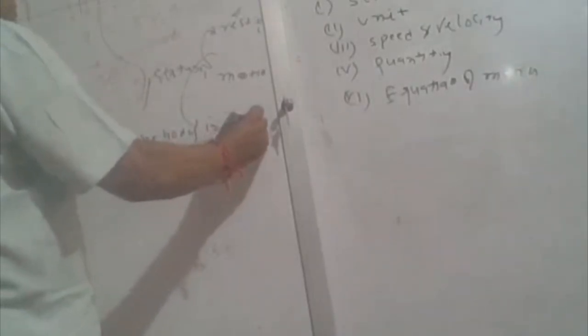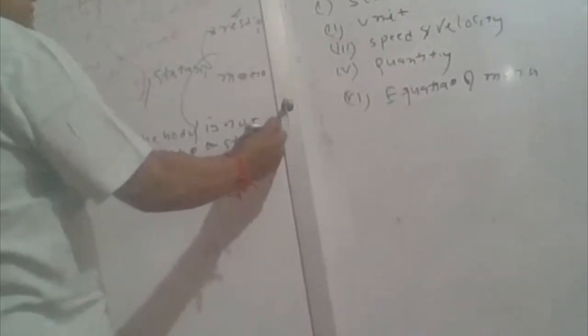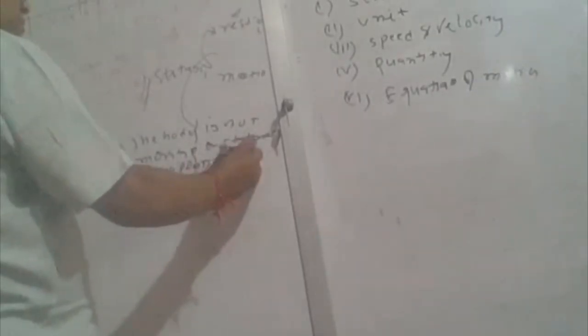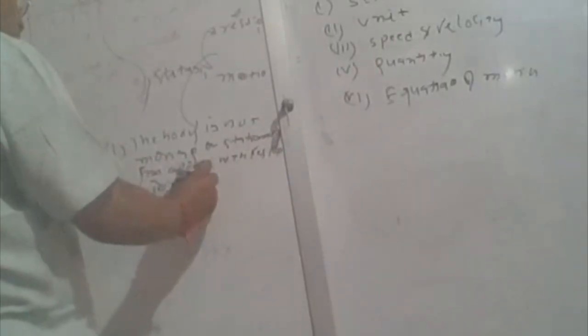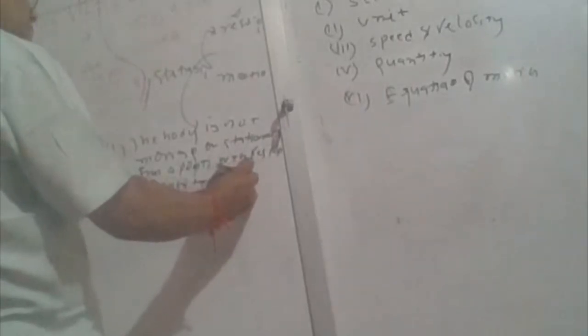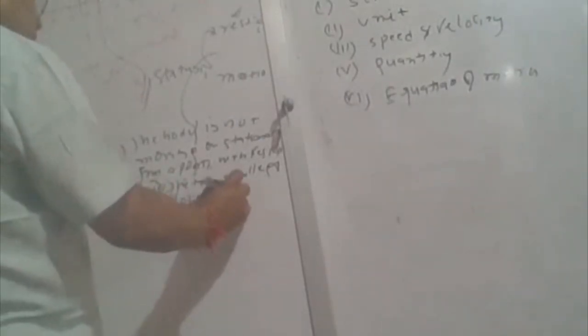The body is not moving or stationary from a point with respect to the time is called body or object is in rest.